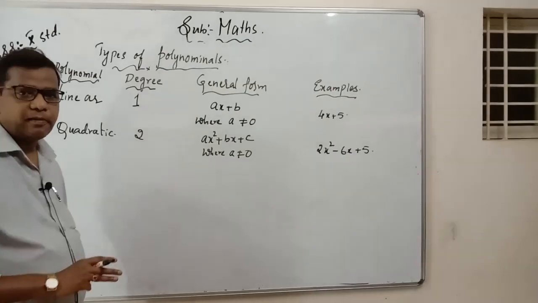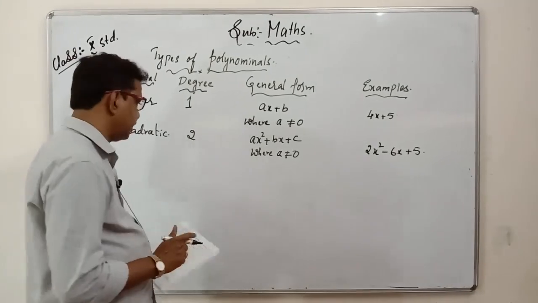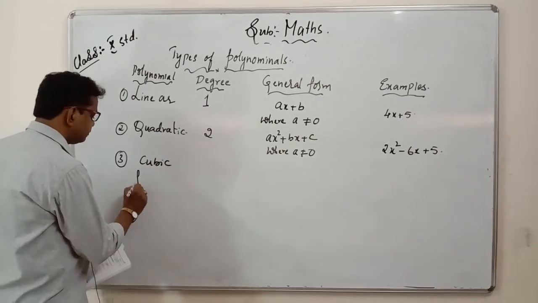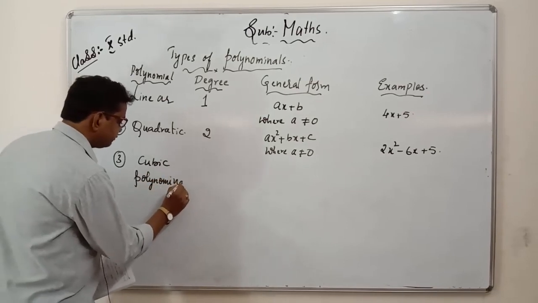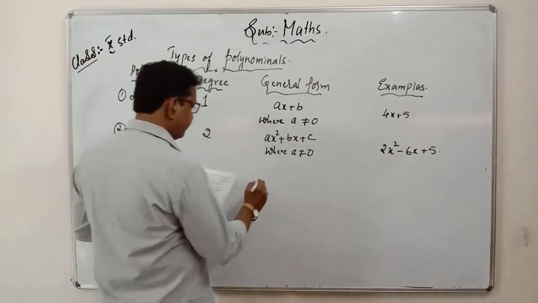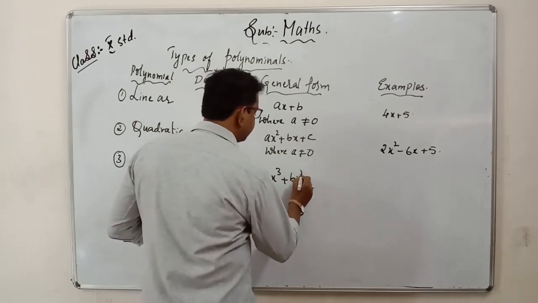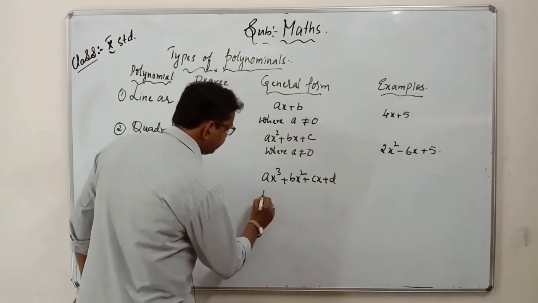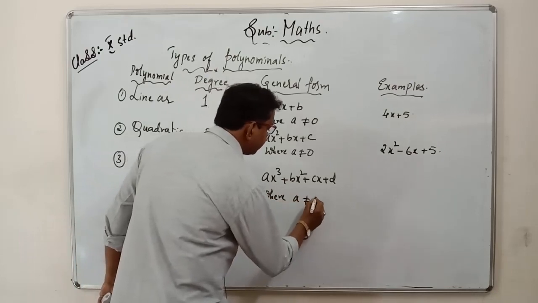First is linear polynomial, second one is quadratic polynomial, and the third one is cubic polynomial, and here the degree is 3, and the general formula is ax cube plus bx square plus cx plus d, where same thing, a is not equal to 0.